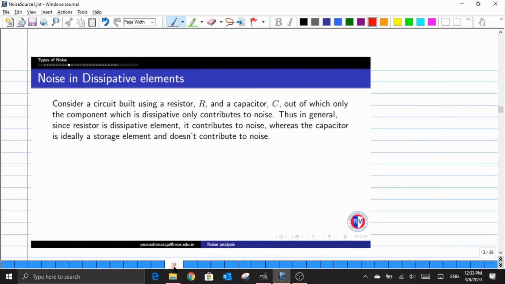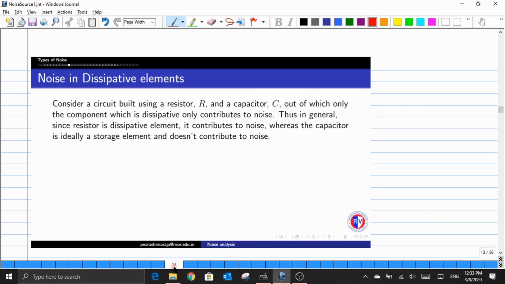Now let us make a quick comment about the noise that comes out of any given circuit element. Let us consider a circuit that has a resistor and a capacitor, among which the noise in general is contributed only from a dissipative element.